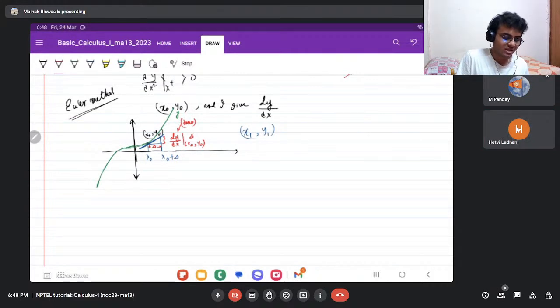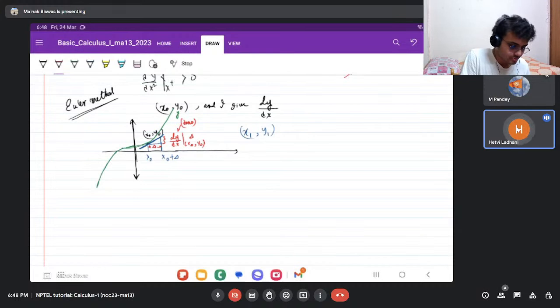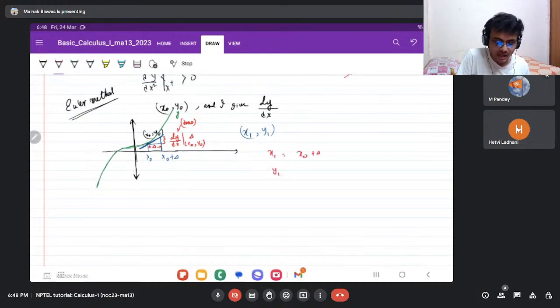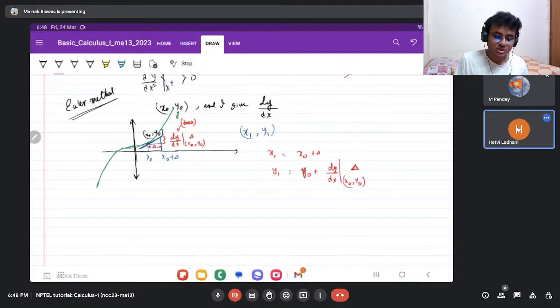Yes. So tan theta into your base is your perpendicular, right? Yes, sir. So your x1 is x0 plus delta, and y1 is y0 plus dy dx at x0, y0 into delta. But you see something here, there is a problem.